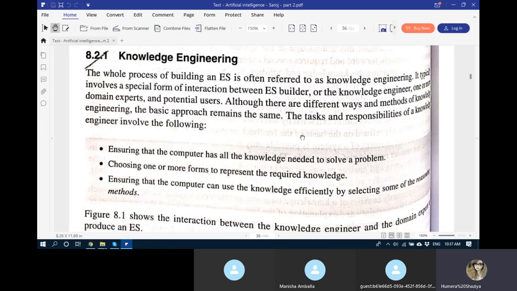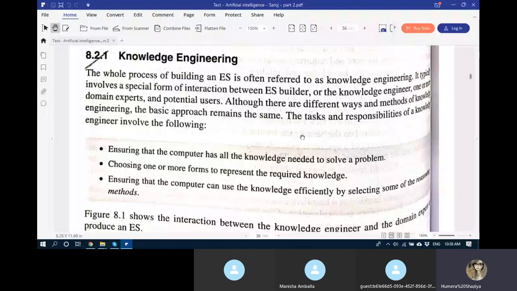What is knowledge? Knowledge is the information or the data which you are collecting from a human expert, and that knowledge you formalize in the form of a computer program.